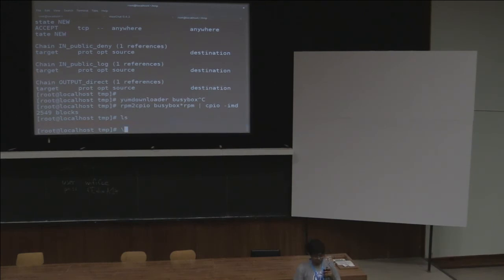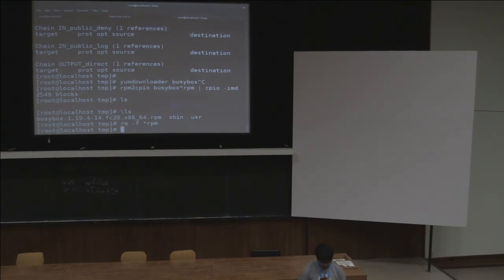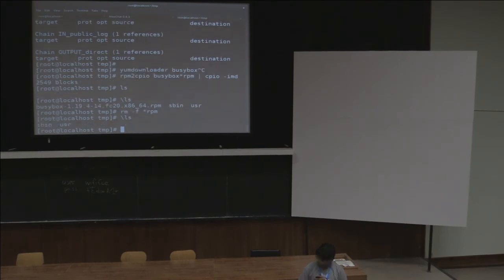Backslash? Like this? It's the anti-alias. Ooh, that's nice. Okay. So we've got sbin, we've got usr. Let's first remove the RPM because we don't need it.